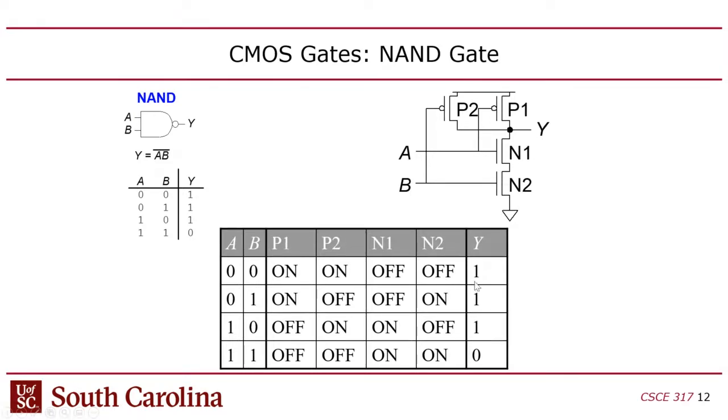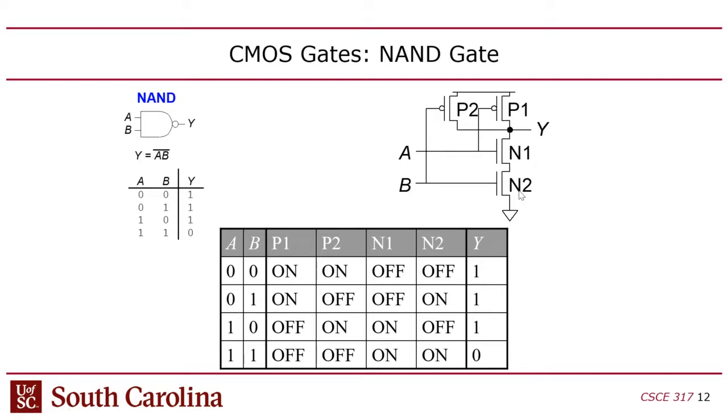So the only way to get a 0 is to have A and B turned on, 1, 1. But if you have any other combination of A and B, the first 3 rows of the truth table, where either A or B or both are set to 0, then that will turn one or both of the pull-up transistors on, and it will turn off at least one of the pull-down transistors, which are in series. So that's a NAND gate.